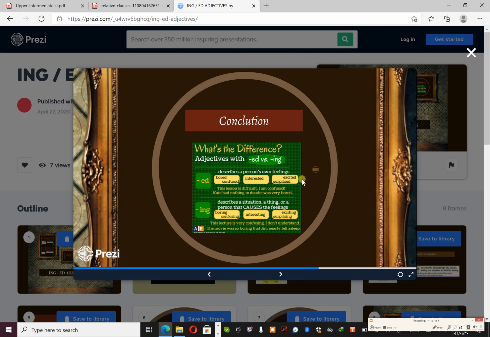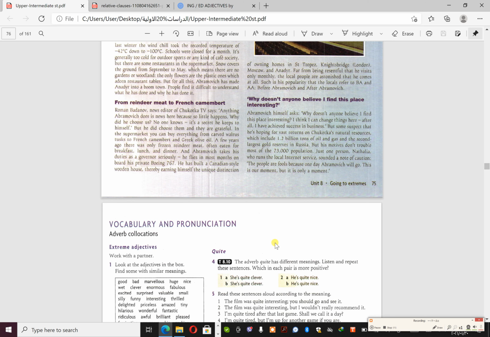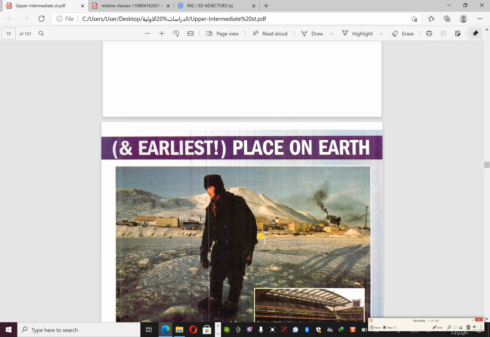So the difference is that the -ed adjectives describe the emotion, the person's feeling toward the thing, while -ing describes the characteristic of the thing, because it is the influencer. Does that make sense? This is the difference between -ing and -ed, the present participle and the past participle.